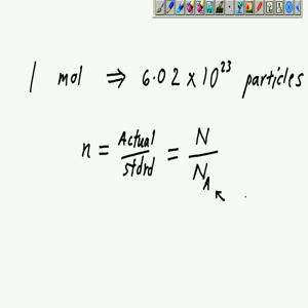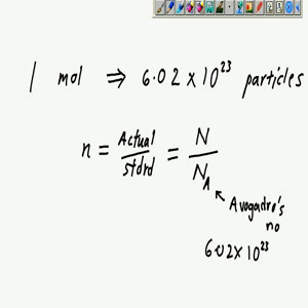This is Avogadro's number, and this Avogadro's number is 6.02 times 10 power 23. You'll be using this constant all the time. And as I mentioned before, from this formula I can say the actual number of particles is the number of moles times the Avogadro's constant.